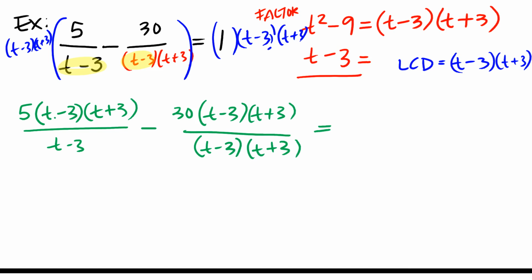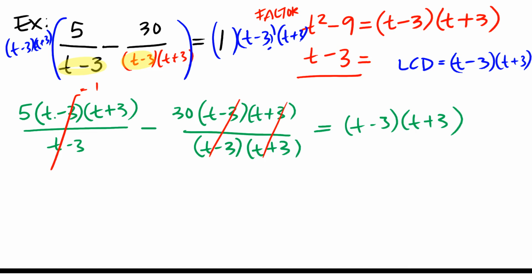This is all equal to t minus 3 times t plus 3. Just because there's no denominator on this side doesn't mean it gets multiplied, right? It's got to be fair. And then we can do some canceling. Since that's in common and they're both factors, we can go ahead and say that this is just equal to 1. So we can get rid of it.